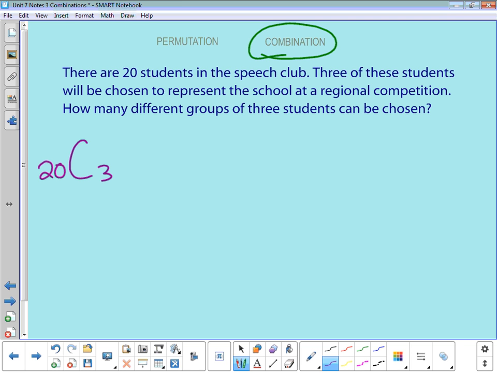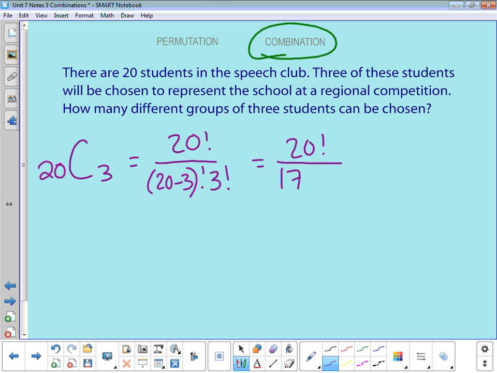Now, 20 is a lot bigger number to write out. So what I want to consider at this time is let's figure out what's going to be left, okay? So I have 20 factorial over 20 minus 3 factorial times 3 factorial. That's 20 factorial over 17 factorial times 3 factorial.